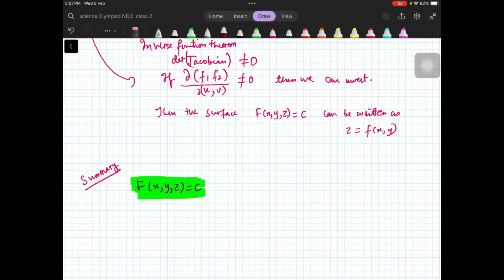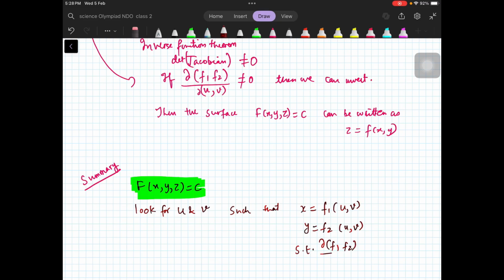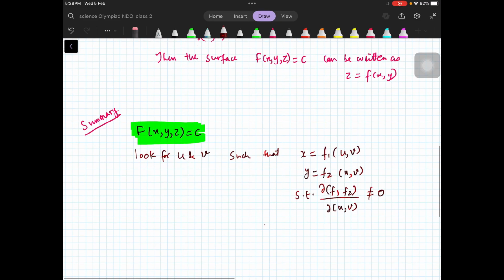So what I am doing, I am looking for u and v such that x is equal to f1 of u, v, y is f2 of u, v, such that the Jacobian of f1 and f2 with respect to u and v is non-zero. Then you can write it as z is equal to f of x comma y, right?